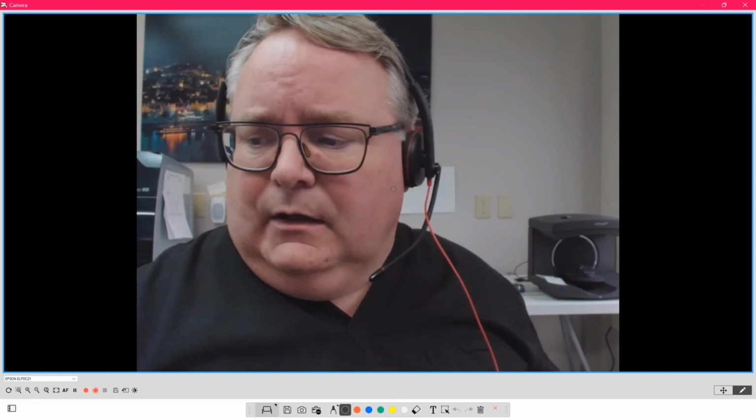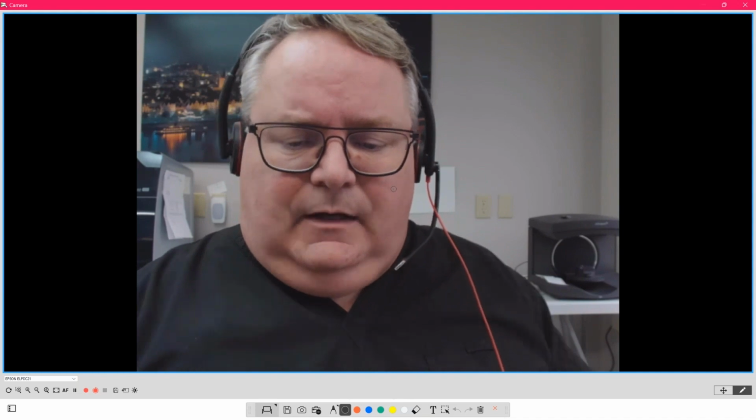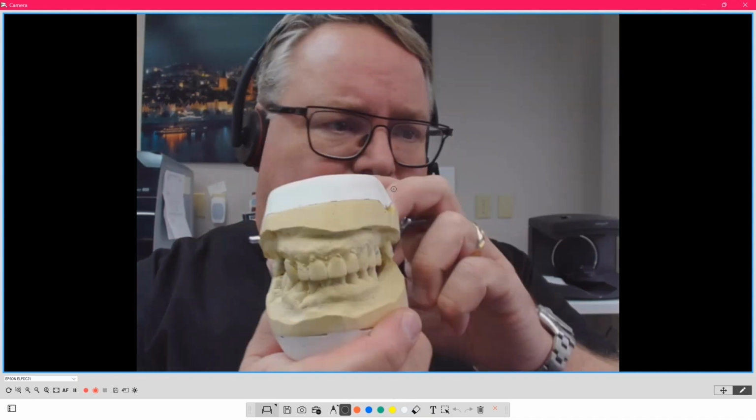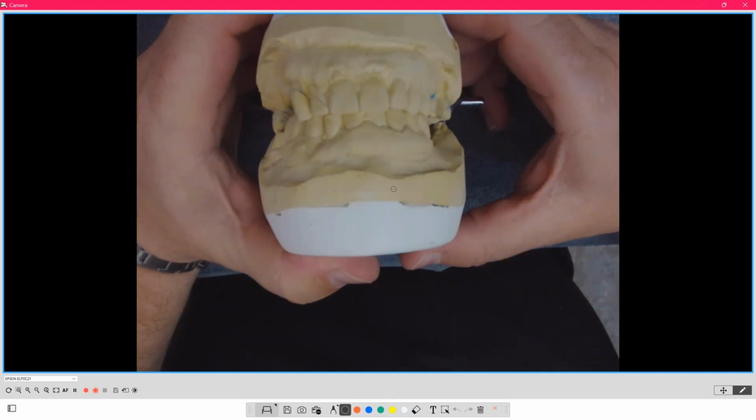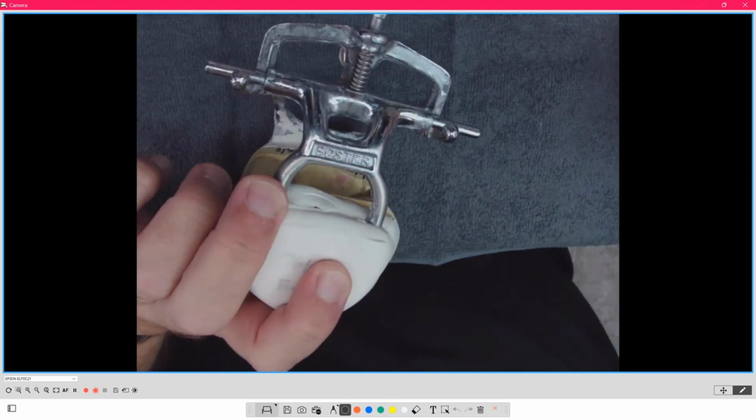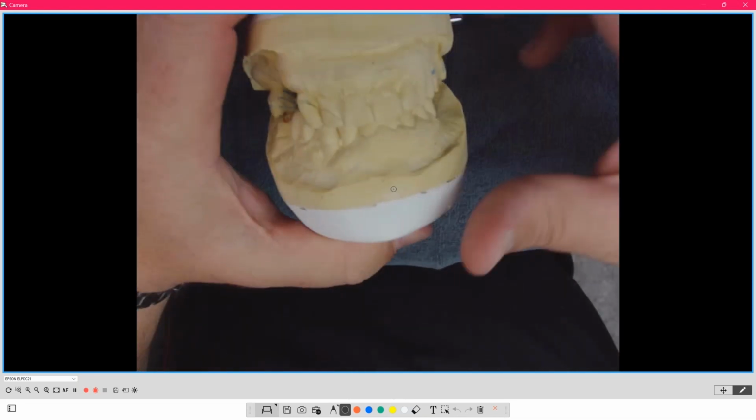The other thing that I wanted to quickly mention, and I'll just flip the camera around, is in regards to that chew cycle and articulators. Here's just our standard crescent articulator.